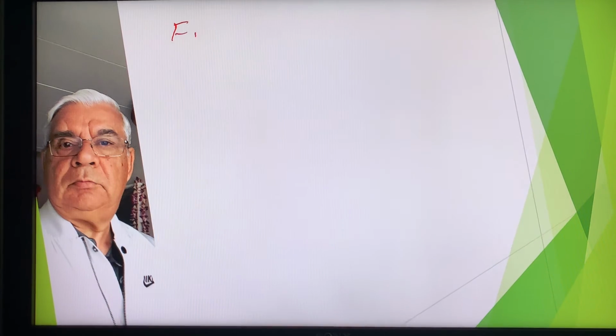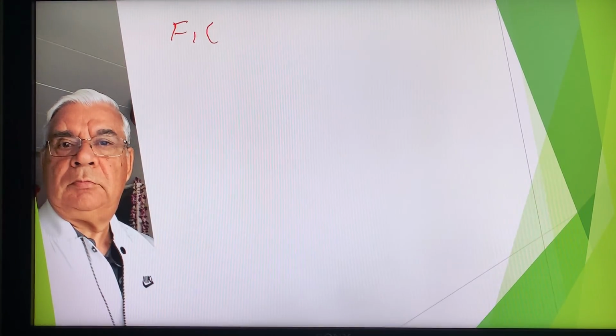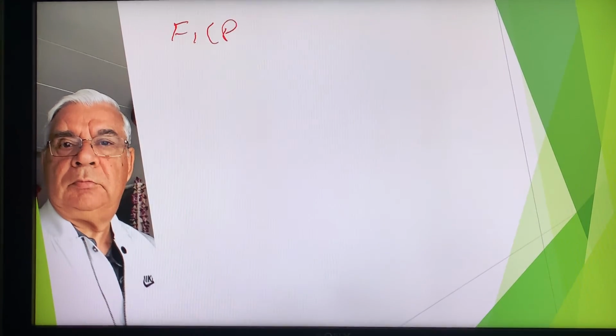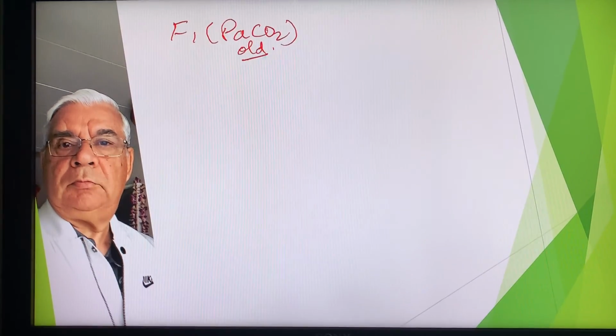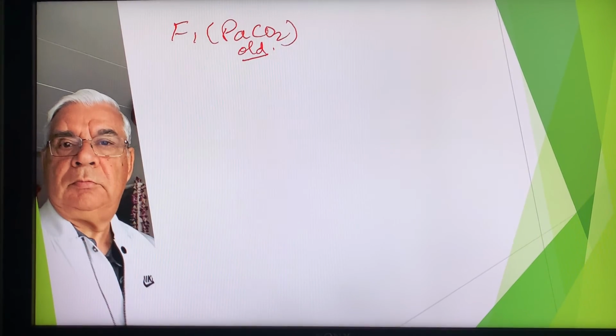If you solve that, let's solve it again. F1 multiplied by PaCO2 old one, the ABG one, which we have right now, ABG done, is equal to F2 multiplied by new PaCO2.